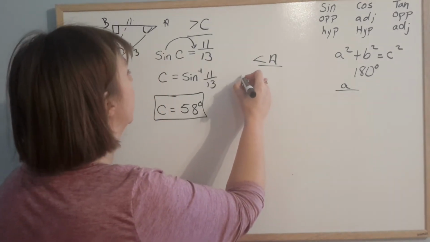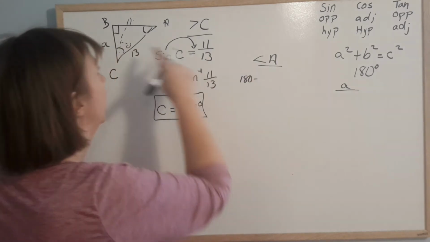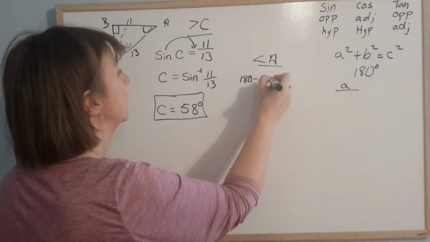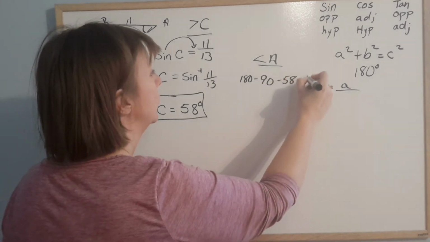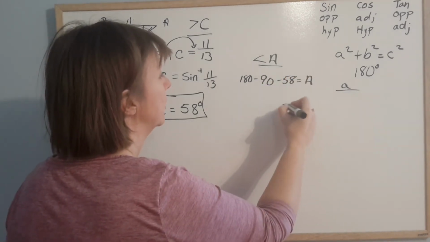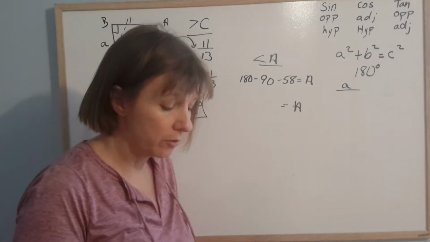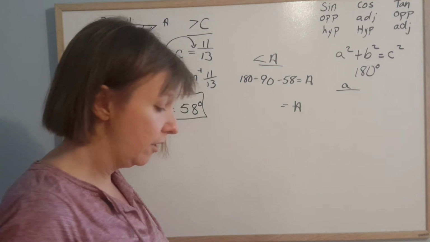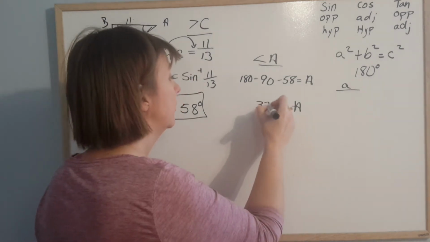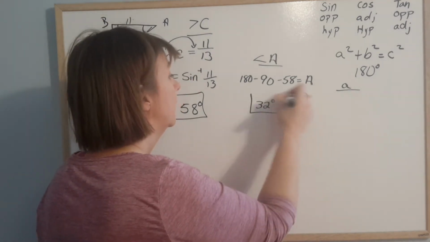I would do 180 minus that 90 angle minus this 58 angle, and that will give me what A should be, because whatever's left over, that's what A should be. If I do that, I get 32 degrees.